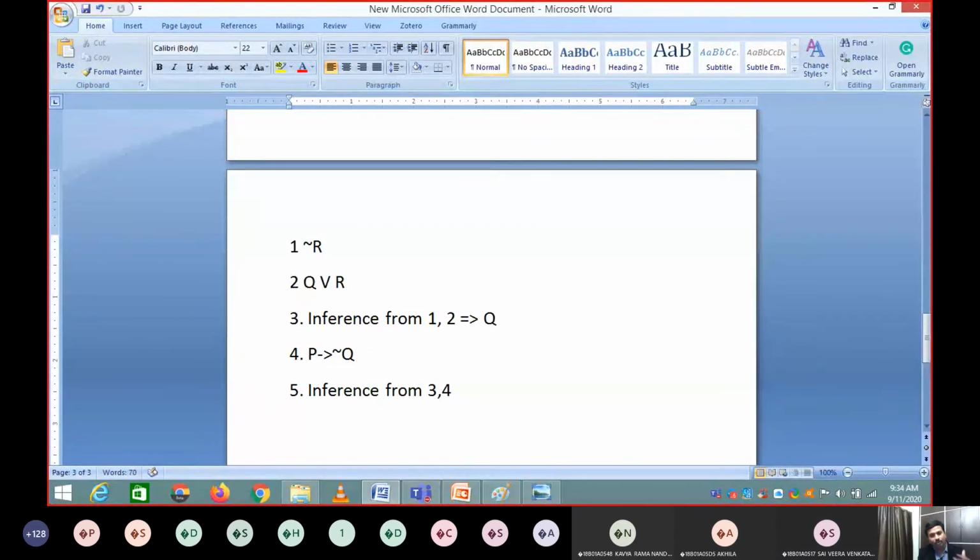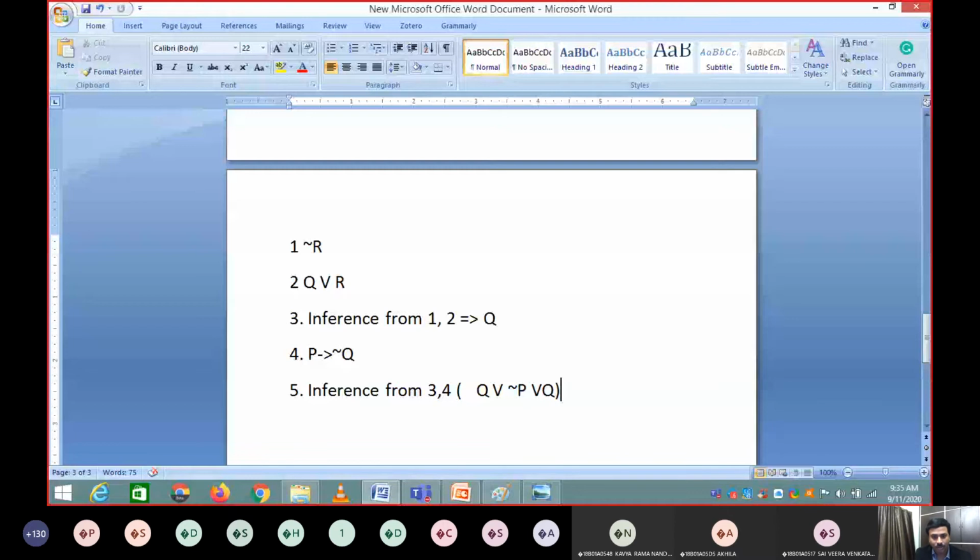Again, if you wish to apply rules, you can, or you can combine 3 and 4 with resolution, because P implies Q is nothing but negation of P or Q. So, writing informally, there is a Q that I have taken from the third statement, and you will have negation of P or Q, because there is a negation here.